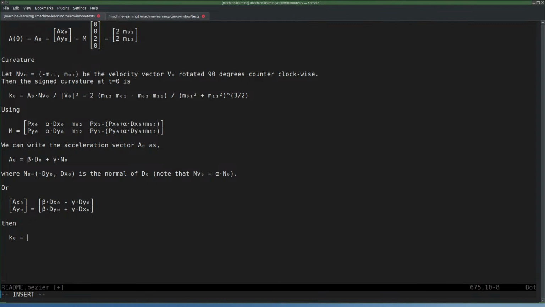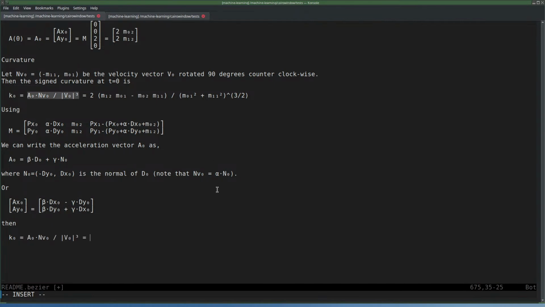Which means the x coordinate of one of them, that is AX0. Let's do it in smaller steps. Just begin with that.